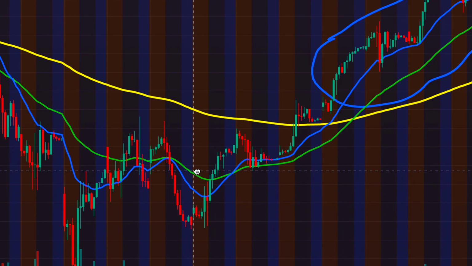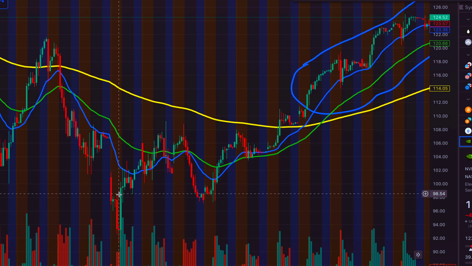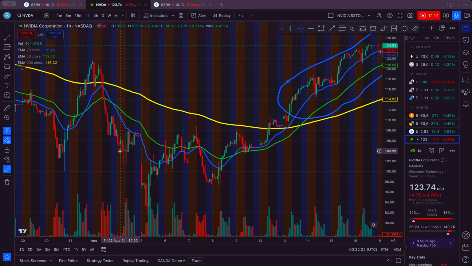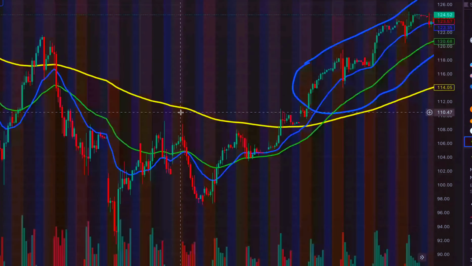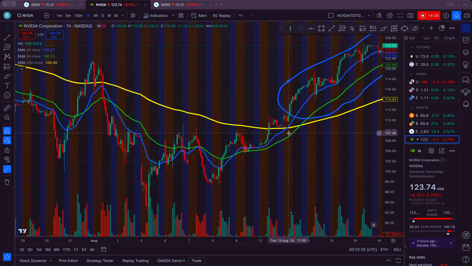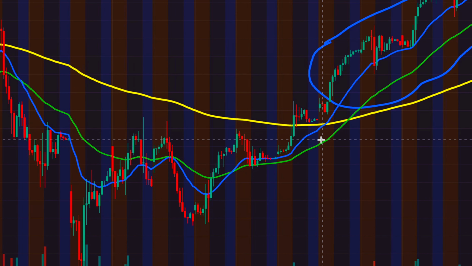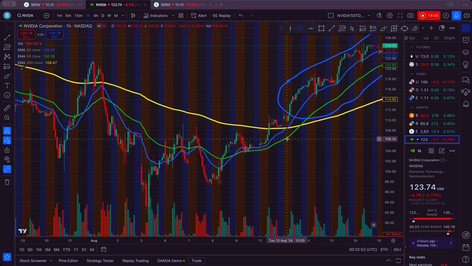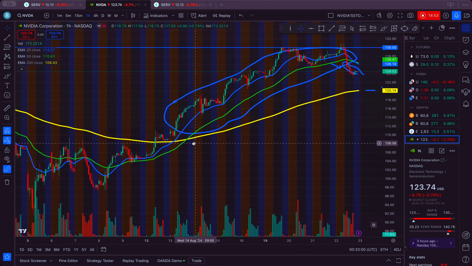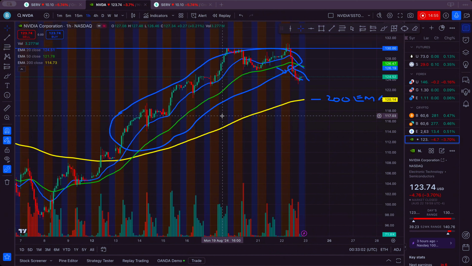Look at this one here. All this area over here, when we were in a downtrend, the price was below the 200 moving average, and we started going bullish on Tuesday, August 13, 2024. Okay, so now we are in a bullish market over here.